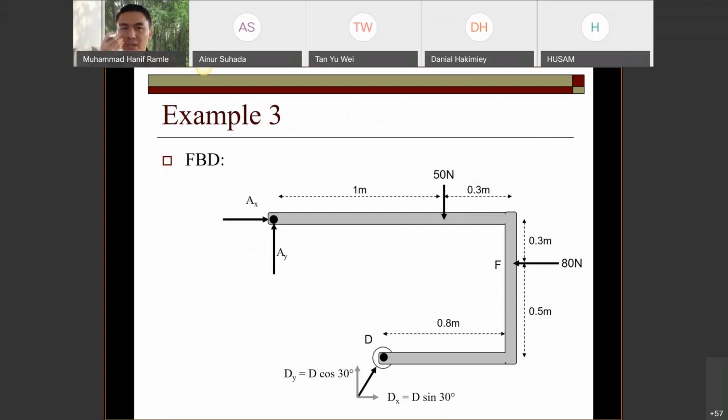It is the number of equations that must be included in your calculation. For example, the equations can be obtained from the equilibrium system, which is F equal to 0, moment equal to 0.